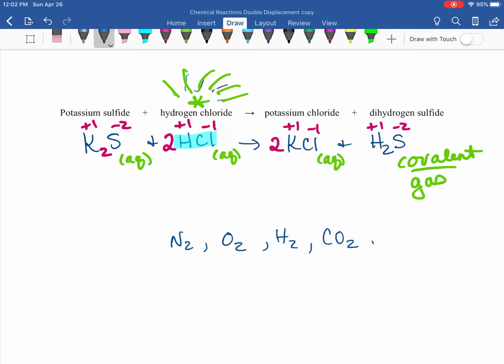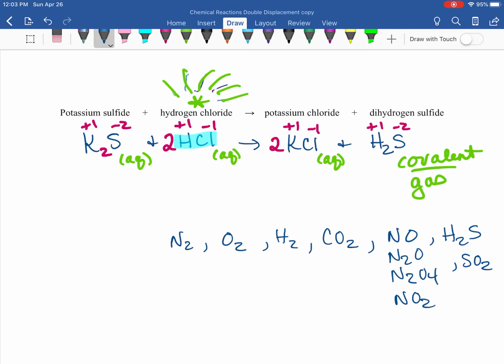Okay, now I wouldn't expect you to know your gases. So let me give you a list of some of the common gases. You know, some of our elements in their elemental form, we know that those are gases. But what are some of our common gas molecules that we could make? Any of the NO derivatives, so you can have NO, you could have N2O, you can have N2O4, you could have NO2.